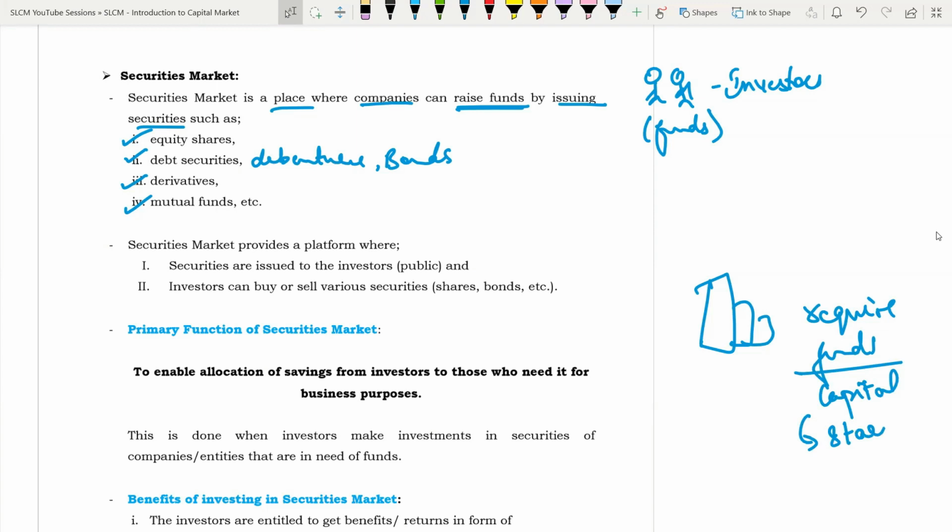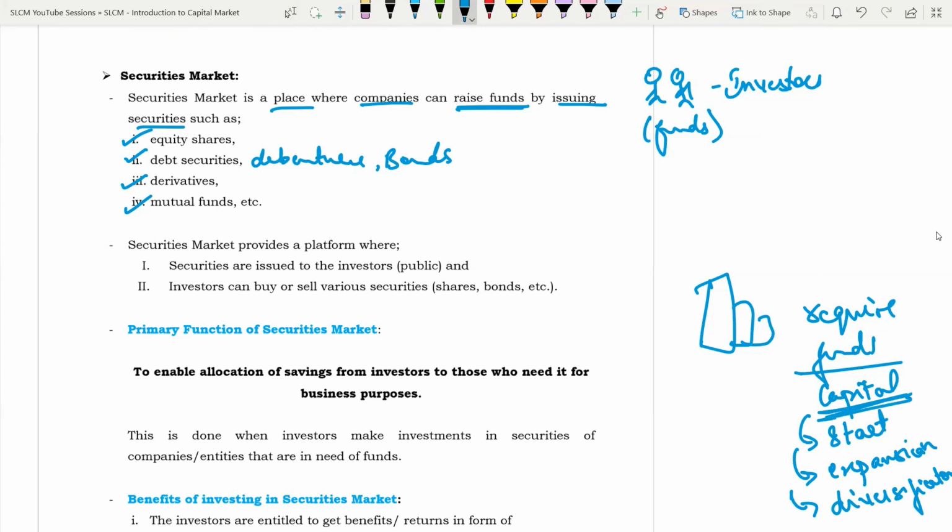Either to start the business, if it is a startup, either for expansion of their business or for diversification of business. Okay, there are multiple reasons for which a company might require capital.